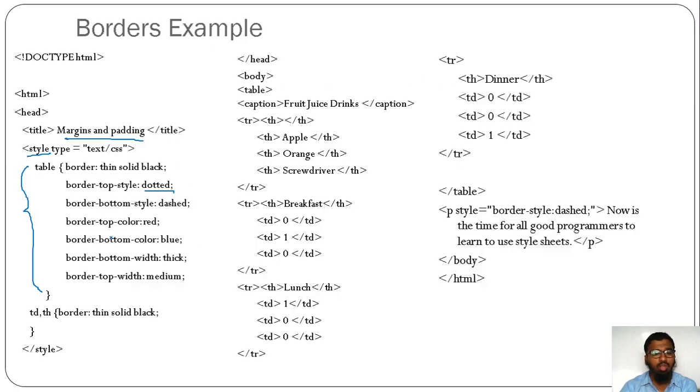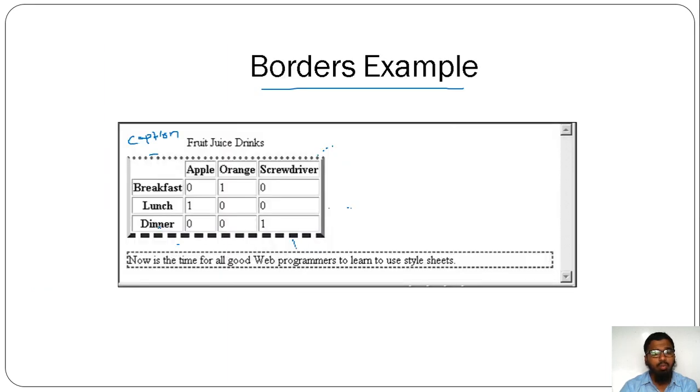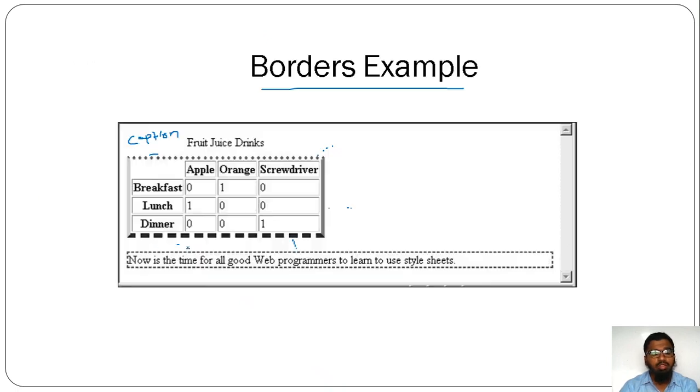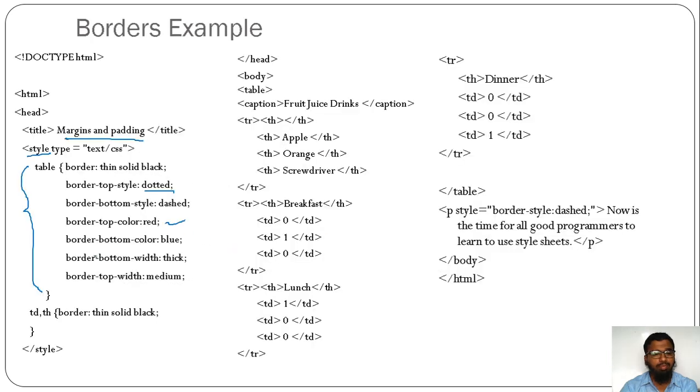Border-top-color is red, so this dotted line will be in red color. Next, border-bottom-color is blue, so this will be in blue color. Border-bottom-width is thick.